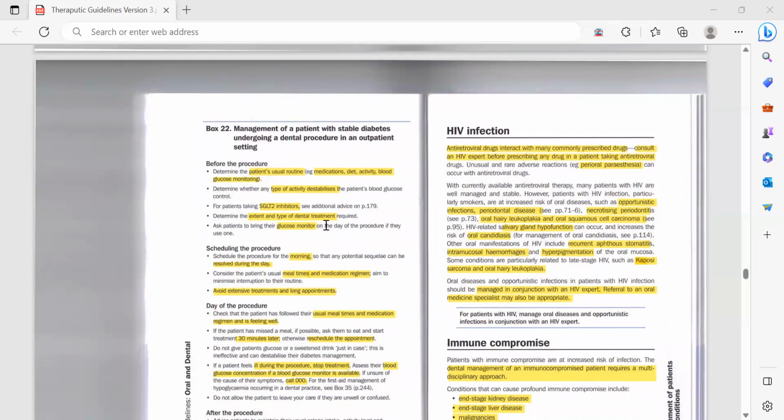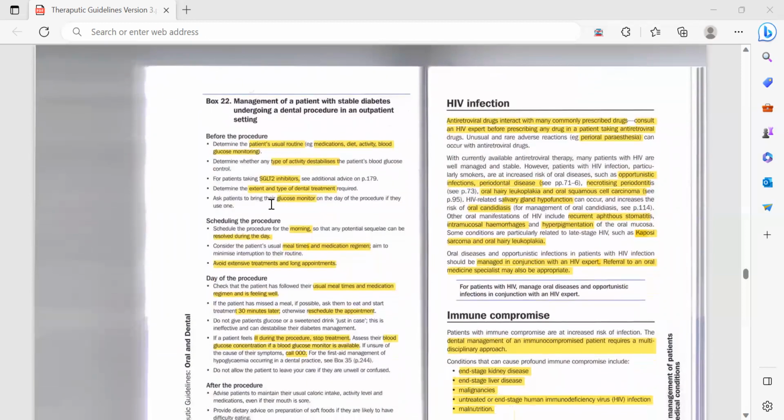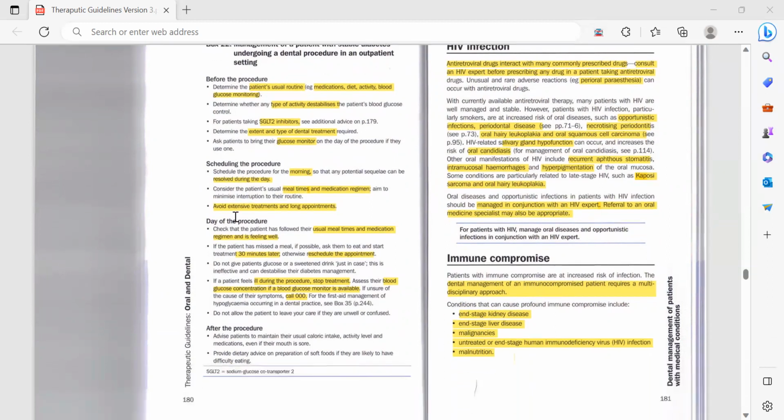Determine the extent and the type of dental treatment required. Ask the patient to bring their glucose monitor on the day of the procedure if they use one. Then, when scheduling the procedure, schedule it for the morning, so that if there is any potential sequelae, it can be resolved during the daytime. Consider the patient's usual meal time and medication regime.